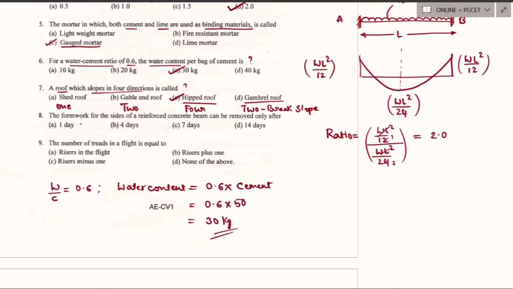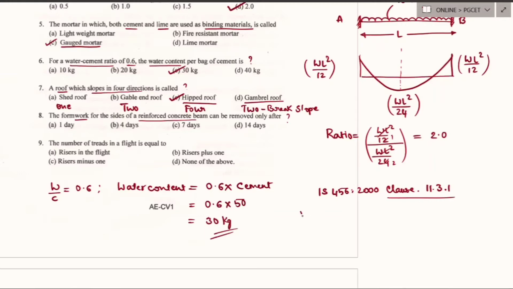Question number 8. The formwork for the sides of the reinforced concrete beam can be removed only after, as per IS 456-2000 codal provisions. From clause 11.3.1, there are certain guidelines to be followed for curing period.